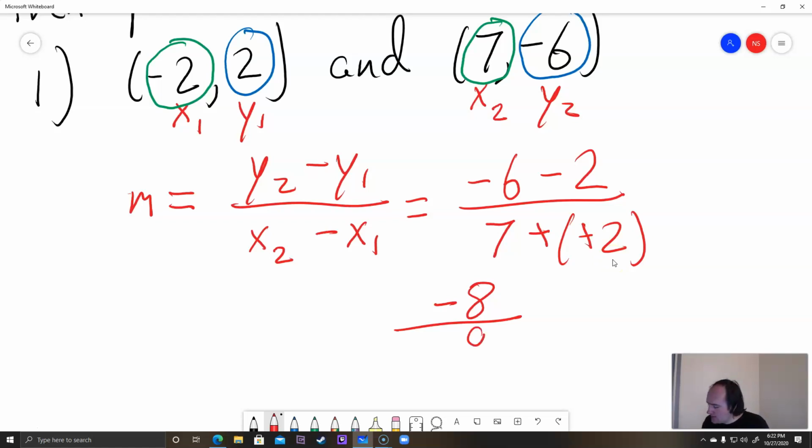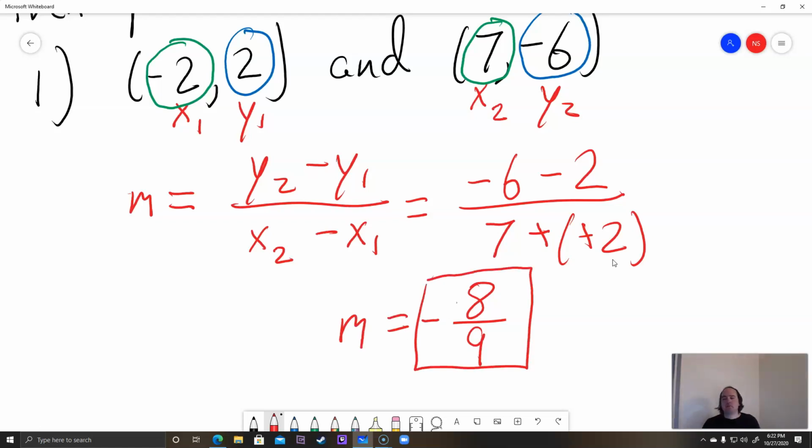So we get -8 over 9, or -8/9. So our slope m equals -8/9. And that's the whole problem.